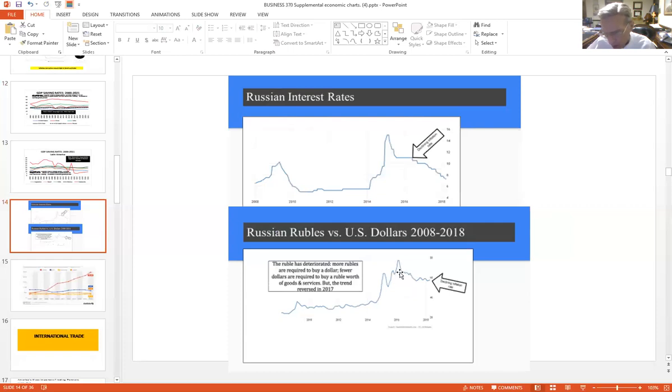As I say, when I was in Russia, I think the exchange rate was about 6.5, and as it comes down, then it takes more dollars to buy a ruble. When the exchange rate went up, it took fewer dollars to buy a ruble, and it seems in just the past year or so that trend has reversed.